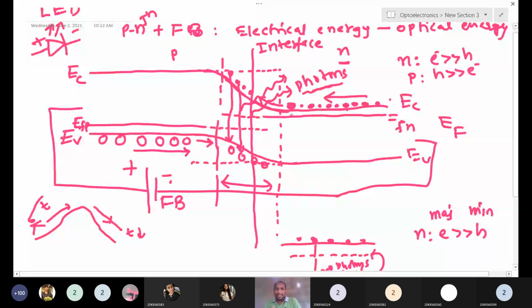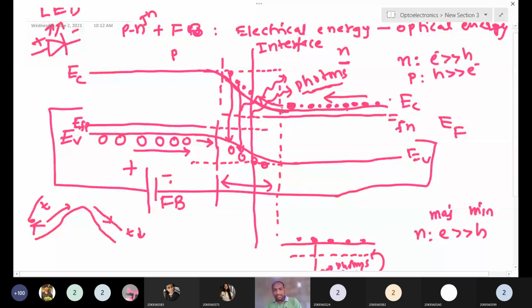Once they recombine, the excess energy is emitted in the form of photons. These photons come out from the surface. It looks like a different color of light, and that is what we see when an LED lamp glows. So this is the working of an LED, right?